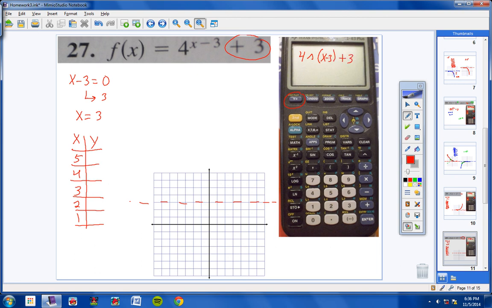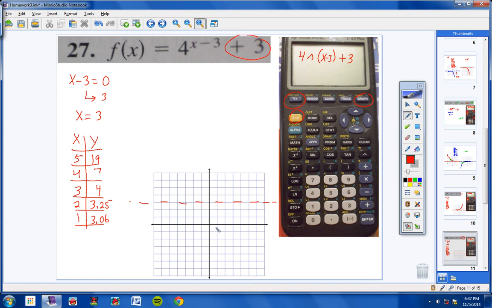Then hit second graph, and your table should pop up. And your table will be 19, 7, 4 here, 3.25 here, and 3.06 here. Getting closer and closer to 3, like it's supposed to.